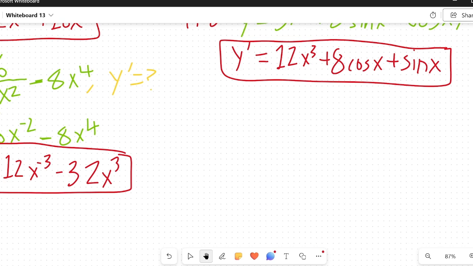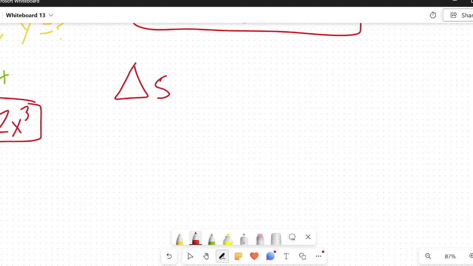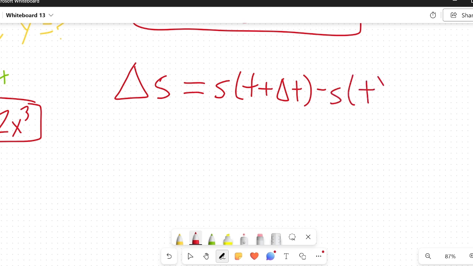Let's actually draw this out over here, right? Essentially, if we take a position function, delta position is represented with an s, right? So delta position is going to be equal to something like so, because remember, s of t gives us the position at time t.